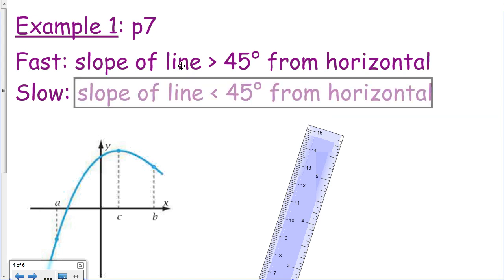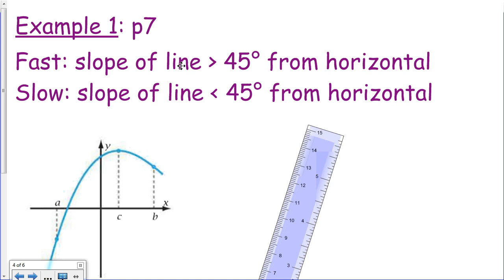On the other hand, if the slope is less than 45 degrees from the horizontal, we'll say that that's slow. So that'll be our relative term that we all use. And if it's right on the border of 45 degrees, then you're going to have to decide which one of the two you're going to call. For the ones that we're going to see here, they're going to be pretty obvious, though. So that's how we'll define fast and slow.